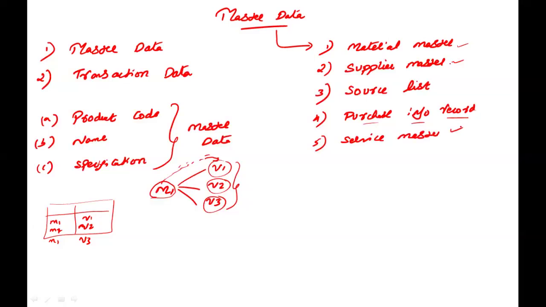The service person will come and paint your office. If you have any AC, AC repair is also a service. If you have machinery, the machinery should get serviced every month or every two months. These are all service activities. So a bunch of service activities is called the service master.